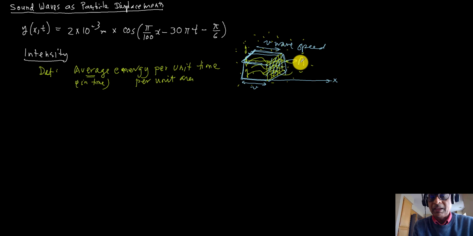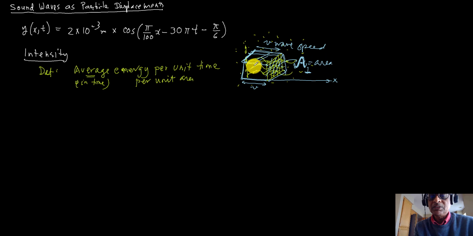Let's call it script A, the area perpendicular like this. All the energy that's in this box would have passed through it.